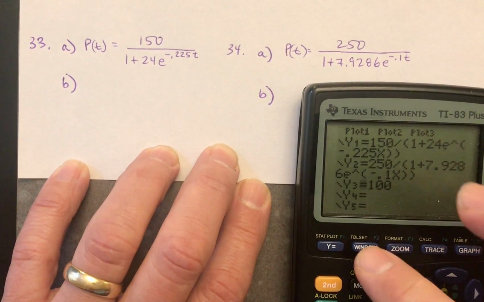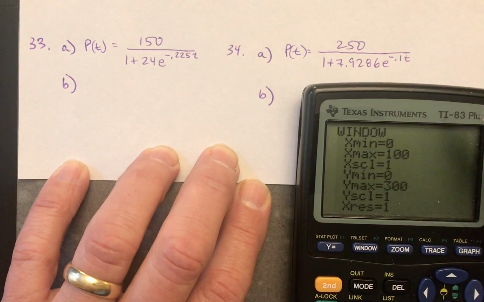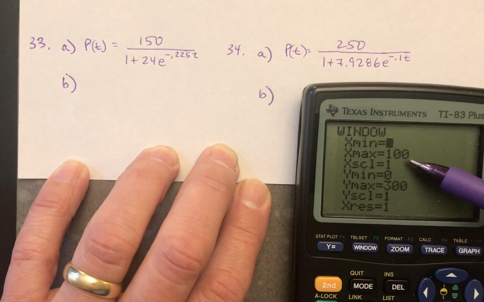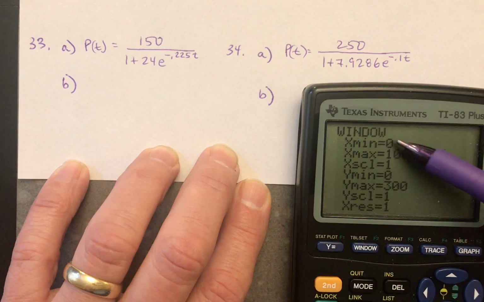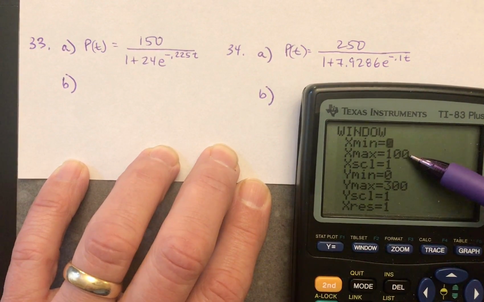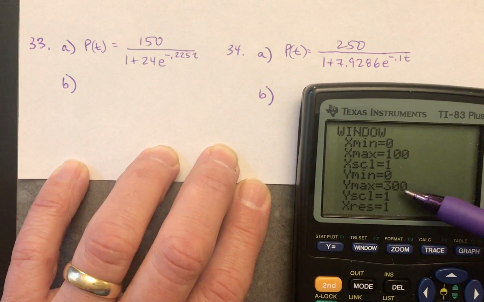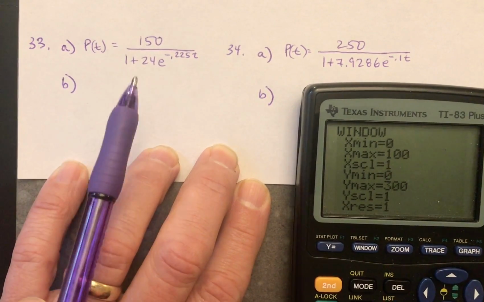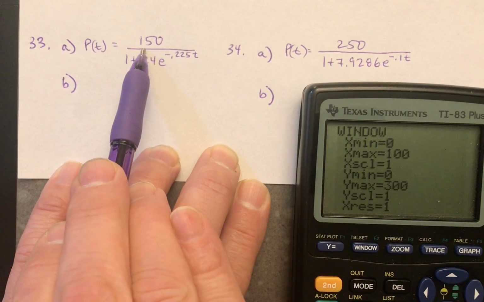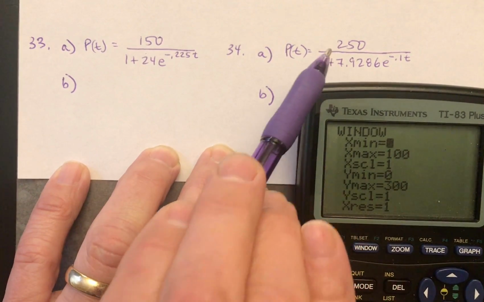Now, I changed my window to go out to 100. I wasn't sure what my value of x would be until that graph leveled off. But I know that my maximum is no more than 300 because this one is 150 and this one is 250.